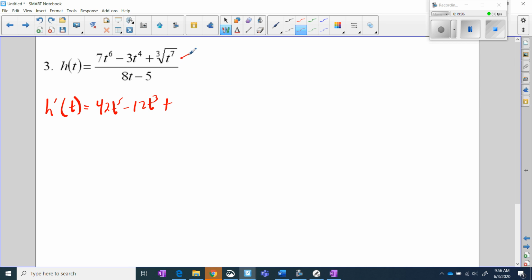Now this means cube root of t to the 7th is t to the 7/3. So the derivative of that would be 7/3 t, take away 1, which is 3 over 3. That's going to give me 4/3. That's derivative of the numerator. Multiply that by the denominator. Subtract the numerator.